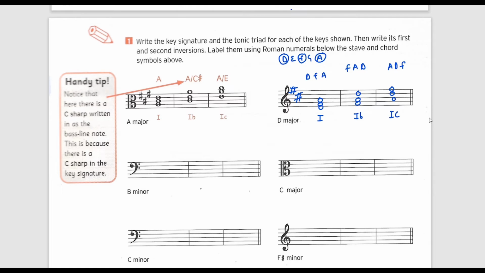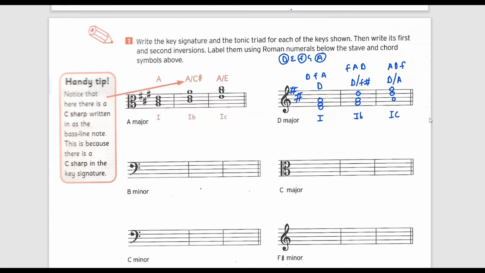Now for the chord symbol, we write D here, then D slash F sharp. Remember that this is F sharp. Then D slash A.